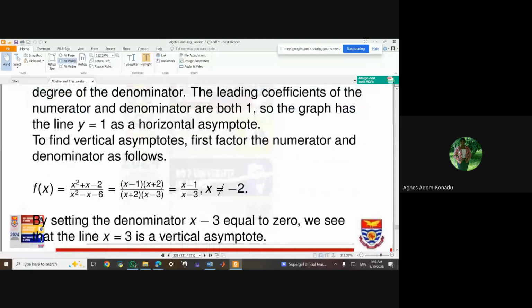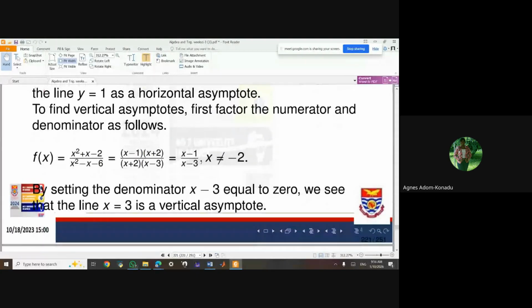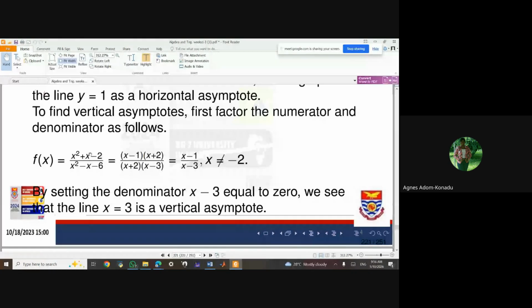vertical asymptotes. Okay. So this one you are solving. You see that 2 plus x is a factor of the top one and the bottom one. So you simplify. It means that in the domain, x equal to minus 2 cannot be in the domain. So when you have something like this, you have to try to find the factors of the numerator and the denominator.